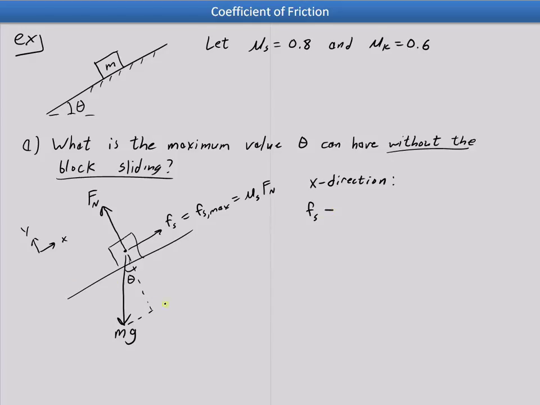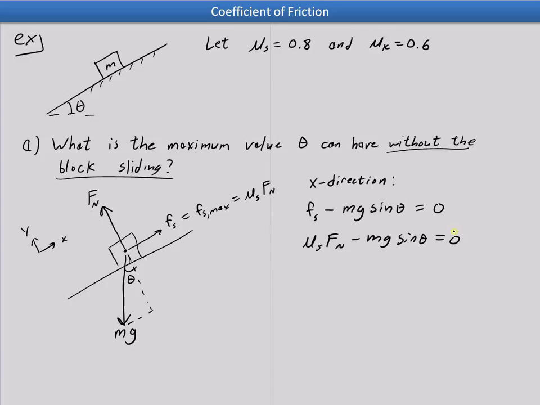In the negative x direction, we've got this component of gravity, so that's mg times sine theta. And altogether, they give us the net force, which is 0. Now we can make a substitution because we know that the static friction force is equal to mu s times the normal force, minus mg sine theta is equal to 0.